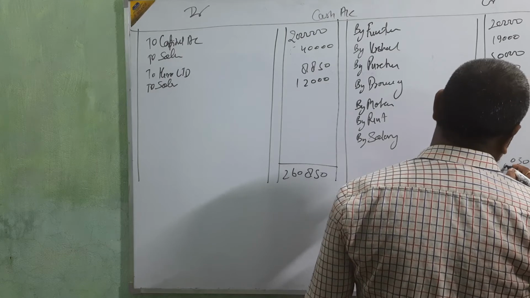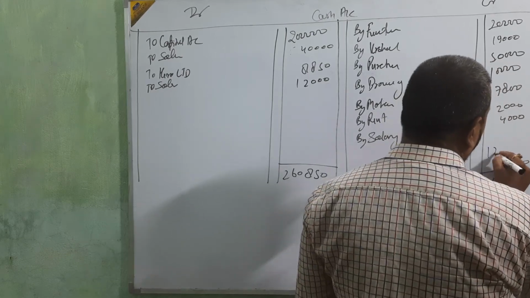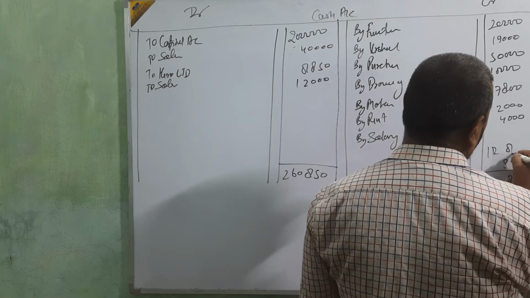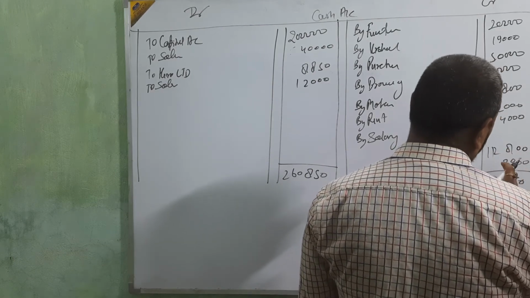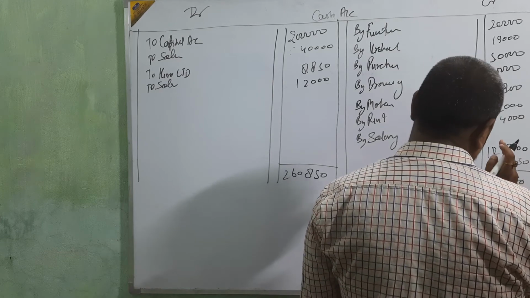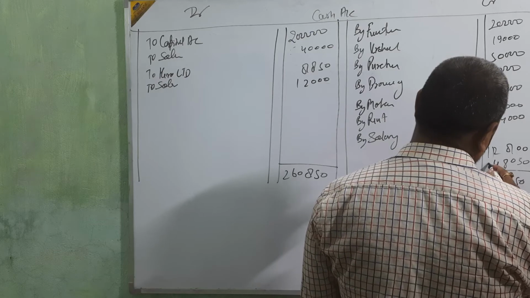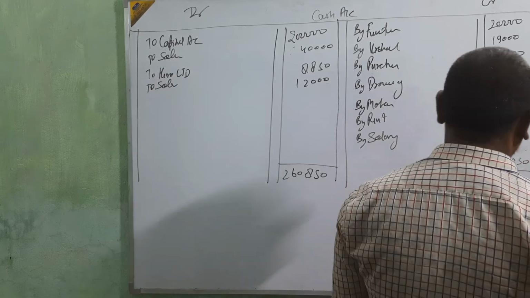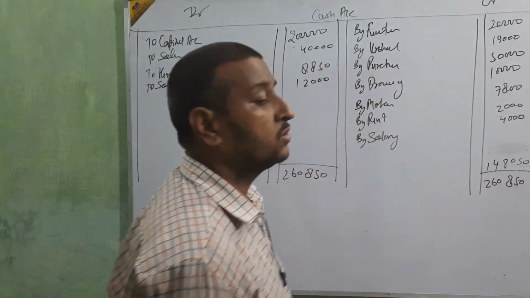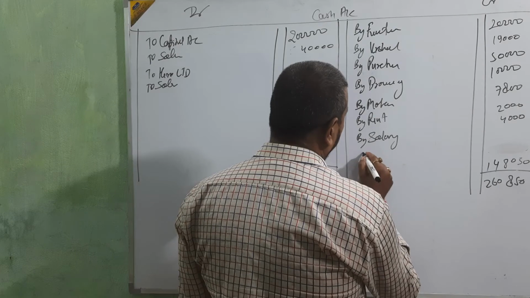It means 8 here, 12,000 is there, no? 1 lakh 12,800. It means 280, 1 remains. 1, 1, 2 and 4, 6 and again 1. It means the difference is 1,48,050.